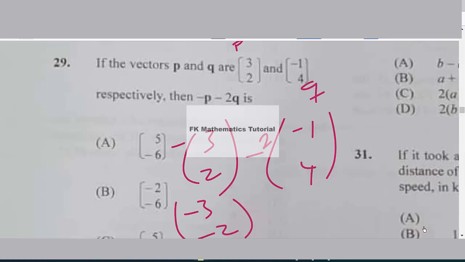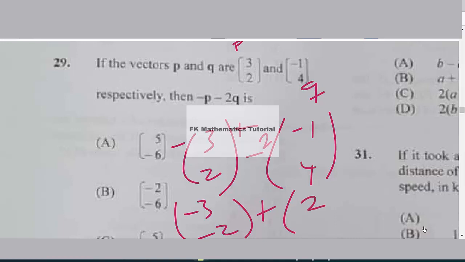Then this is like plus negative 2. So I'm using the negative 2 to multiply what is inside so that it will be left with a plus here. So negative 2 times negative 1 is positive 2.